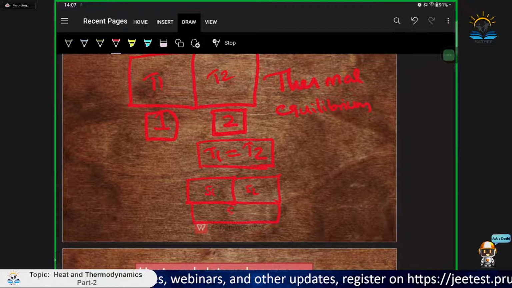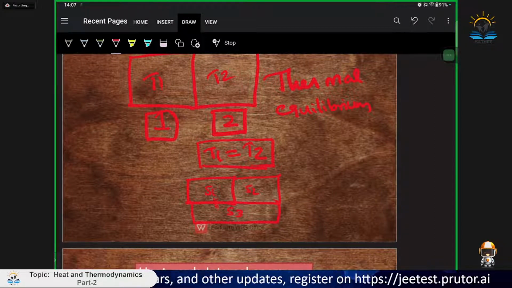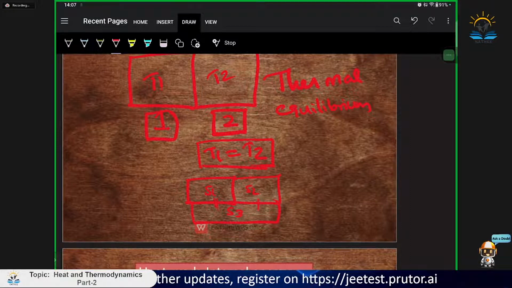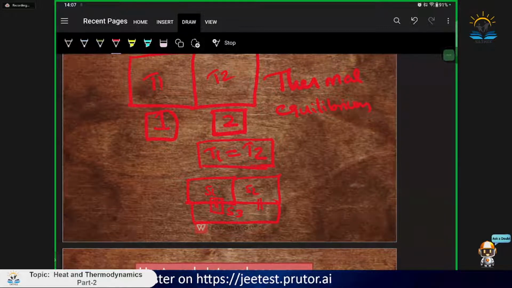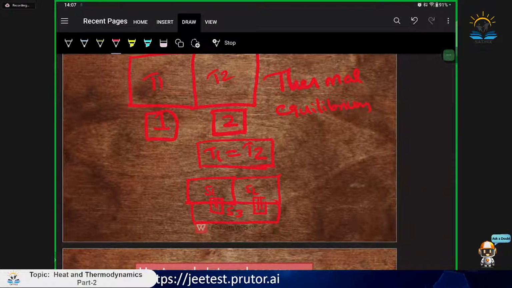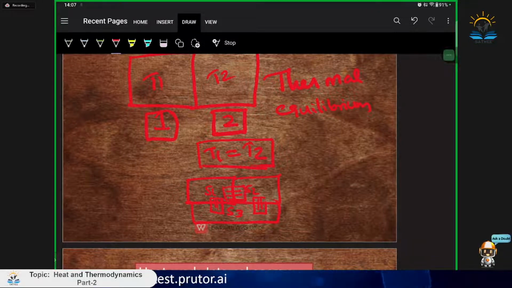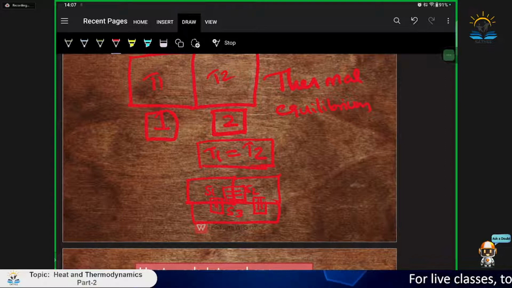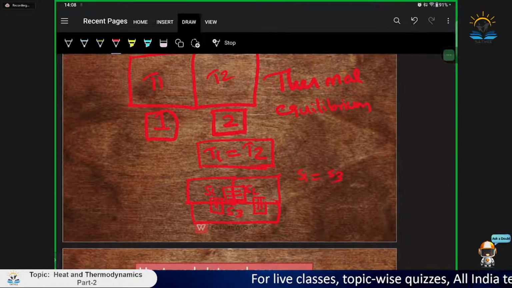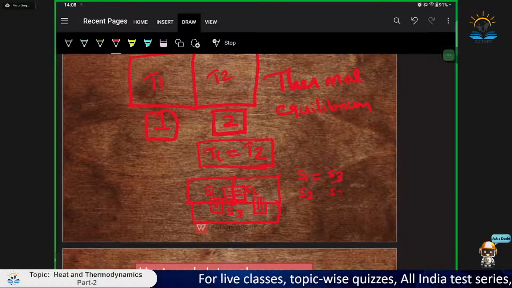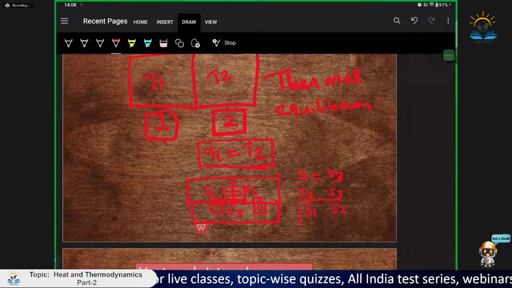If S1 is in thermal equilibrium with S3 and S2 is in thermal equilibrium with S3, then S1 and S2 are also in thermal equilibrium.